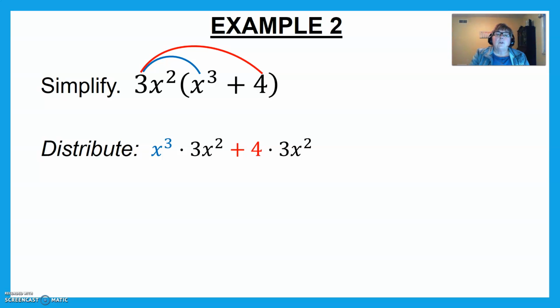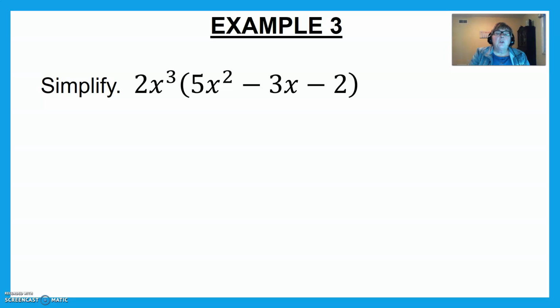Well, x to the third, it's 1x to the third times 3x squared, so 1 times 3 is 3, and x to the third times x squared is x to the 3 plus 2, which is 5. And then I have 4 times 3, which is 12. And there's not an x with the 4, so I just have x squared. So it's 3x to the fifth plus 12x squared.